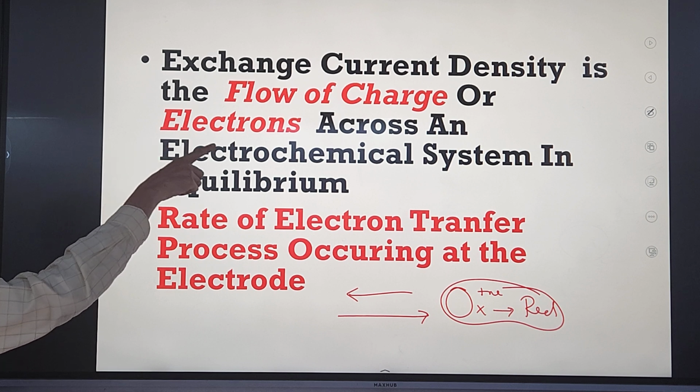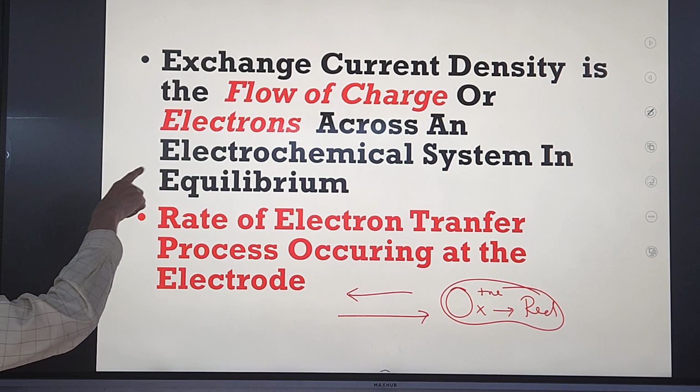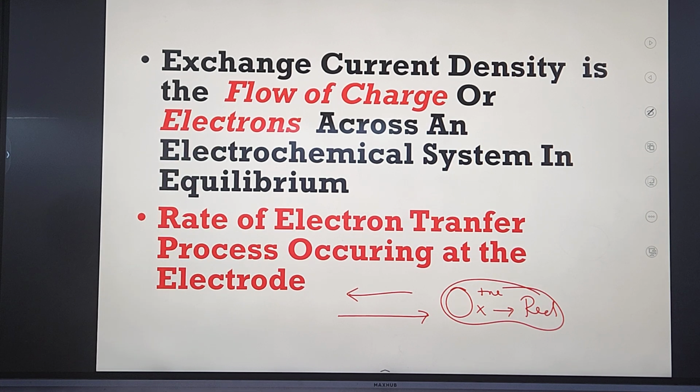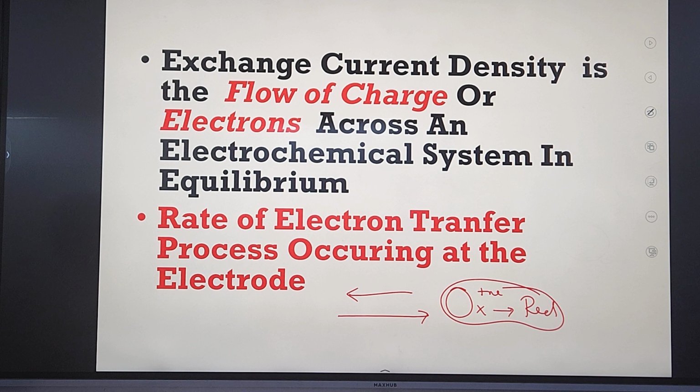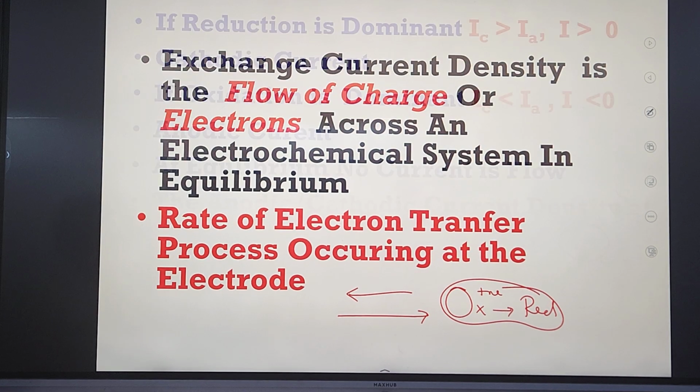So the exchange current density is the flow of charge or electrons across an electrochemical system in equilibrium. You can call it the rate of the electron transfer process, cathodic current and anodic current.